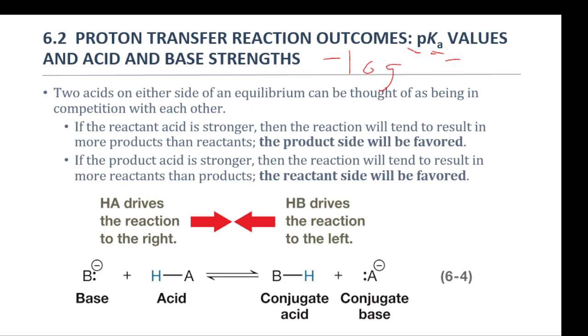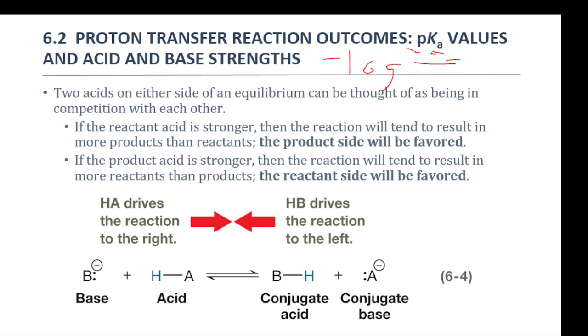When you are talking about very large scale increases, a pH difference of 3 means it's a 1,000 times difference in your H plus concentration. And same thing with these. These are going to be a logarithmic scale of which side is favored.